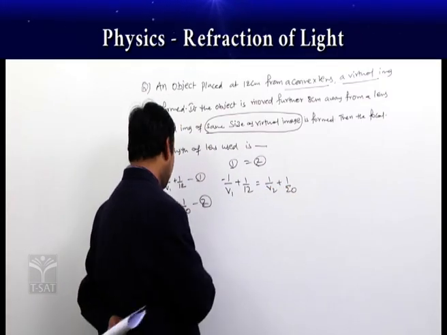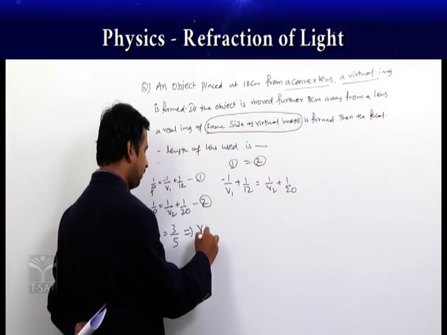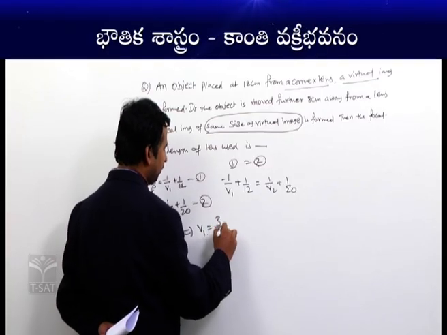We know that the v1 by v2 value is 3/5. From this we can write v1 is equal to 3/5 of v2.